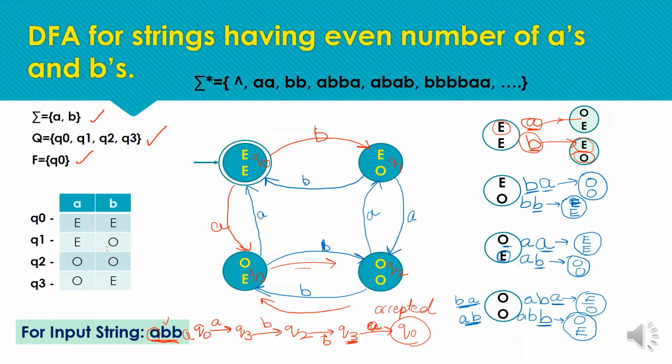So in the exam you have to show all the tuples and show the acceptance for one of the input strings, and you are done. In further lectures we are going to cover each type of DFA construction example.